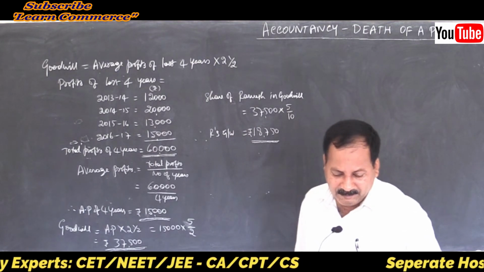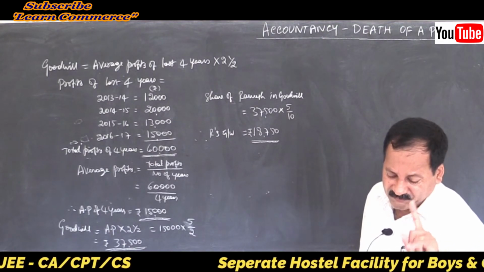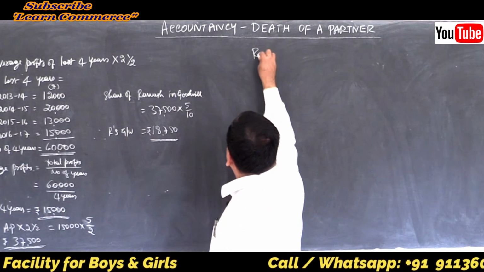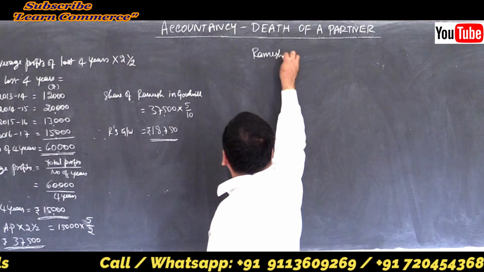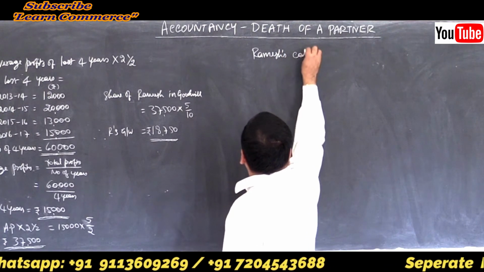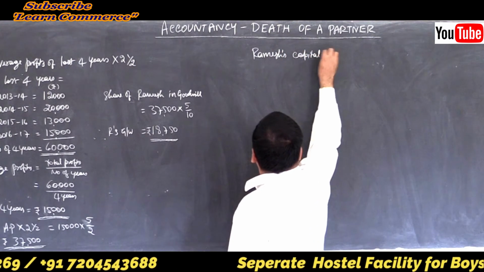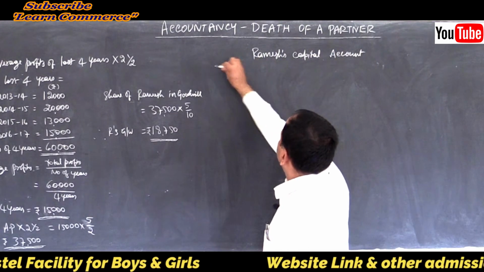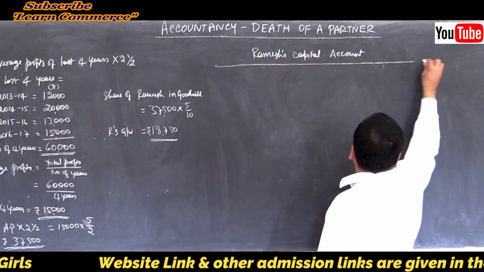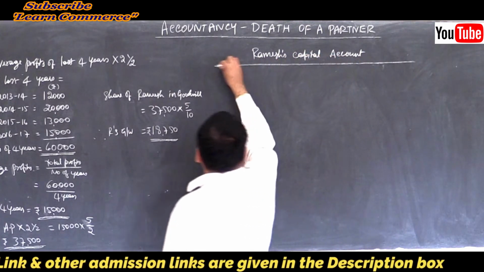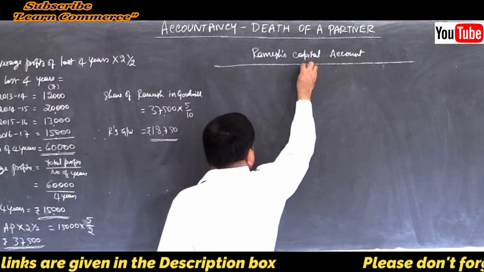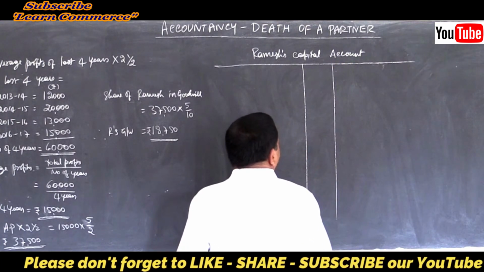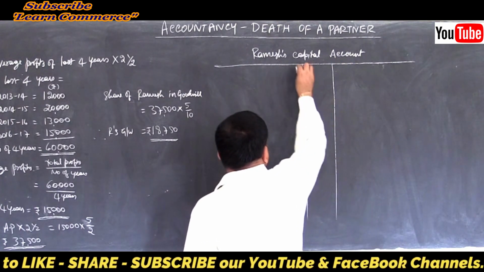So let us prepare. They told to prepare Ramesh's capital account. Correct? Yes. Simply a ledger account. Very simple. Prepare it. Draw the columns. No date column is required. Simply provide one JF column.